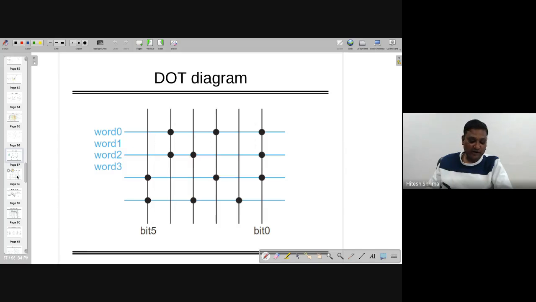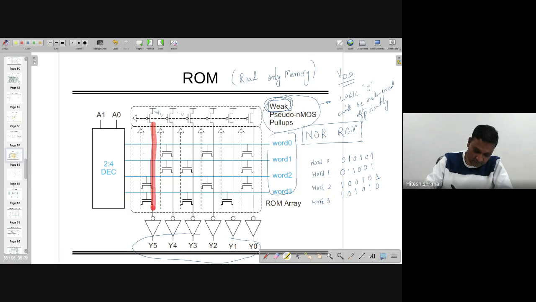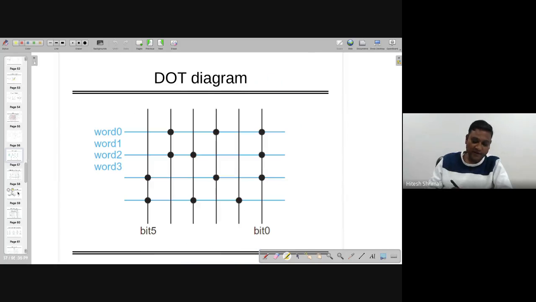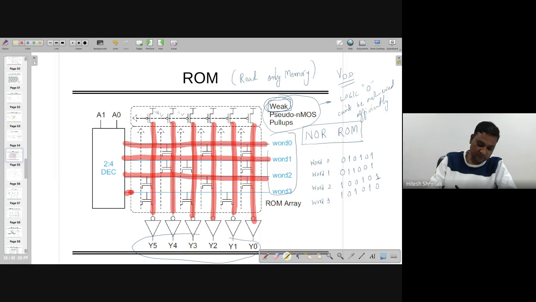This is known as the dot diagram, drawn from the same circuit which has been given over here. Because of this connection, which is horizontal and vertical, all these lines which are vertical, the same vertical lines have been drawn in the dot diagram, and all the lines associated with the word are also going to be drawn, and it is creating one kind of matrix.